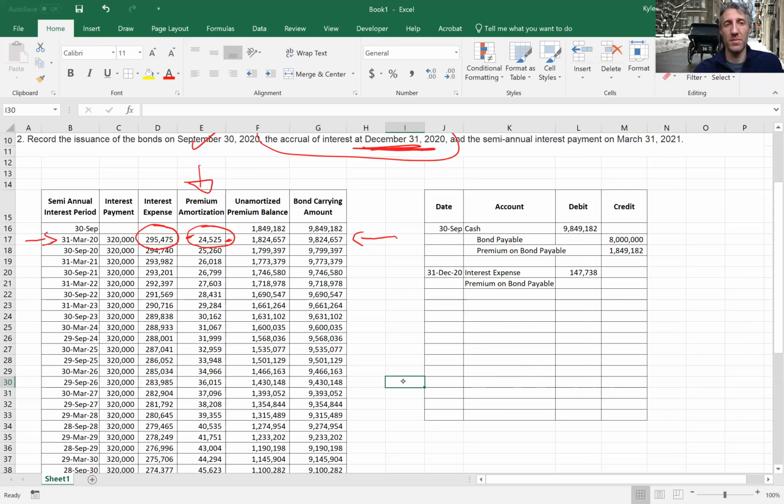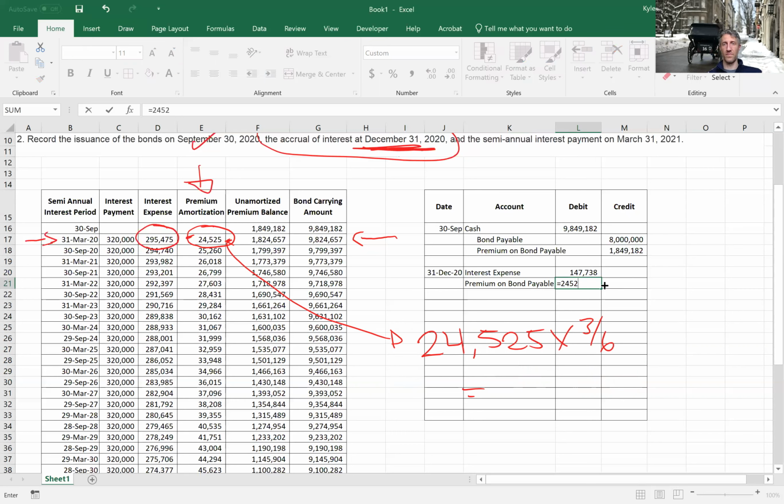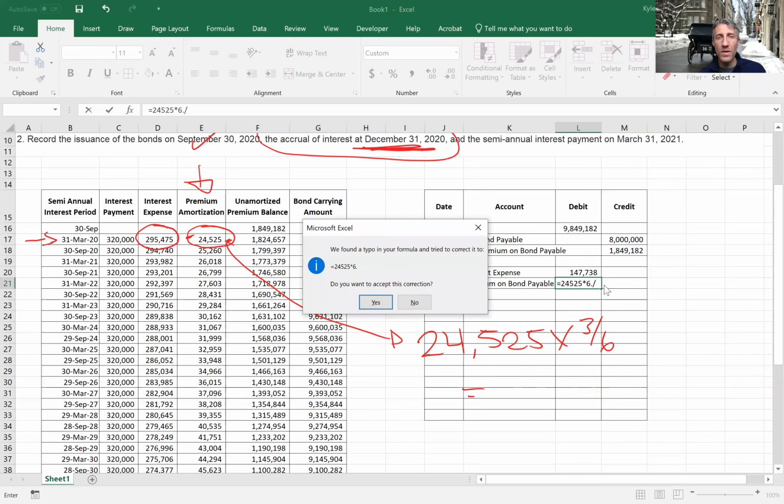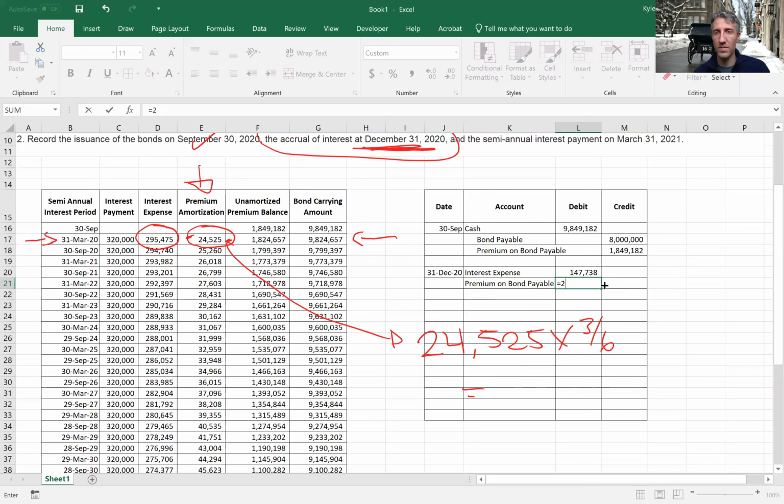So again, it's going to be the same thing. 24,525 multiplied by 3 divided by 6, and that's going to be $12,263.